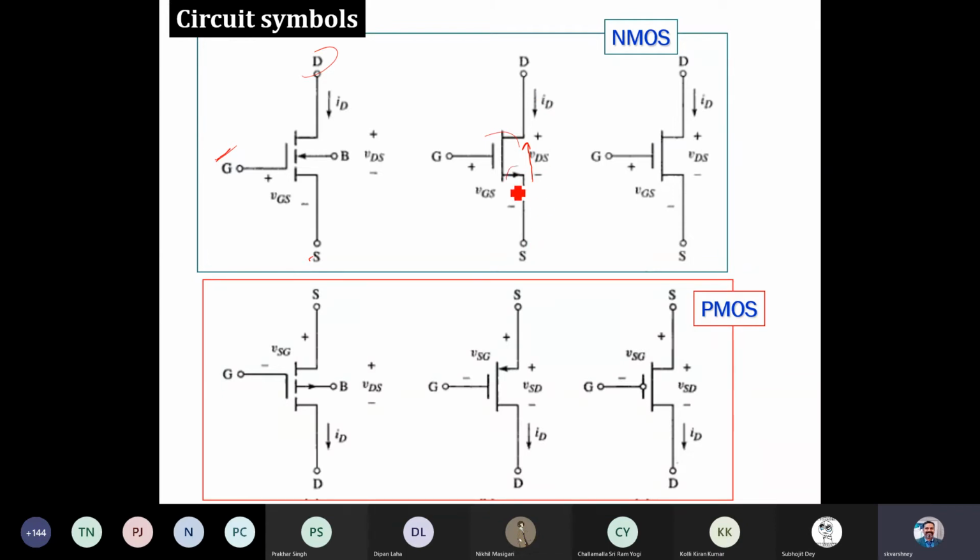So you can see there is an arrow, something like in a BJT. If you just recall the BJT for NPN, this was the symbol for BJT NPN. This is the emitter, this is the collector and the base. In the same way, you see drain, source, and the gate.